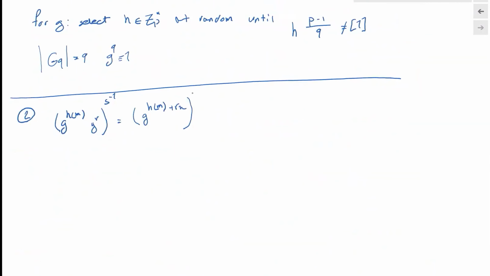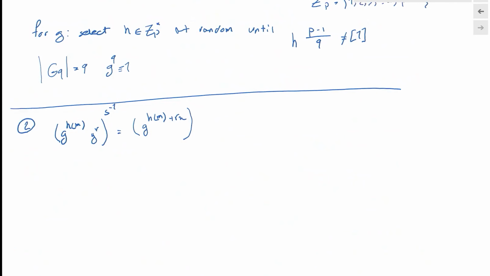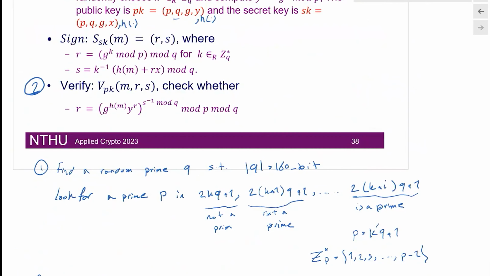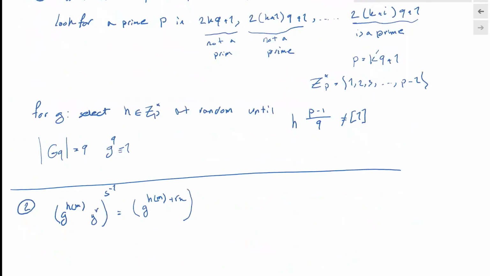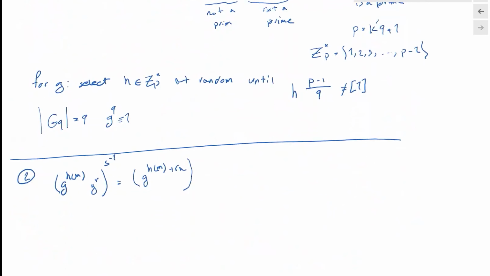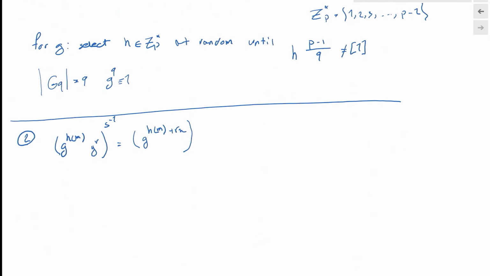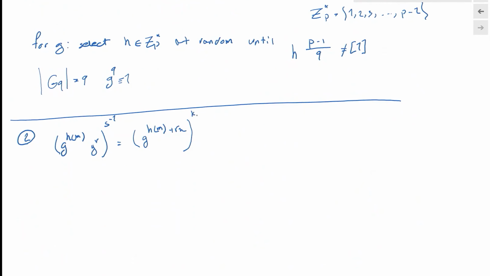So it is going to be, I'm sorry, let me check it one more time. Yeah, inverse of K, and then we inverse that again. So inverse of K is K itself, and then hash of M plus Rx, and then this one inverse, right?